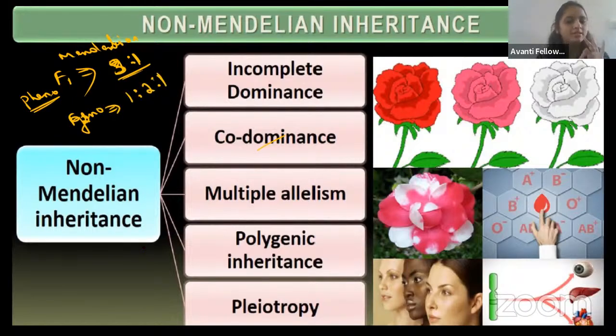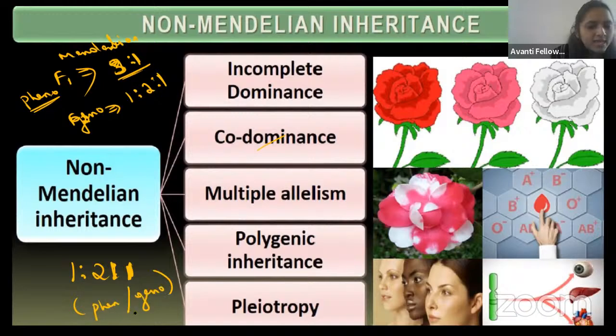But in incomplete dominance, codominance, and multiple allelism, the genotype and the phenotype will be similar, that is 1:2:1. They may ask you what is the ratio of the F2 generation in codominance? It is 1:2:1.